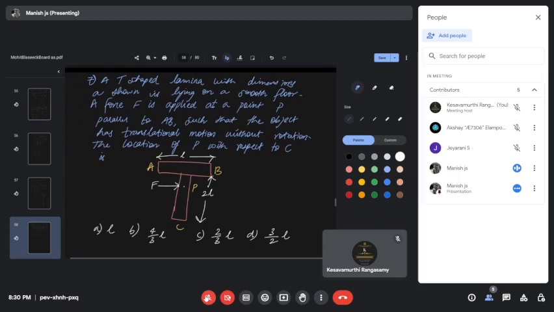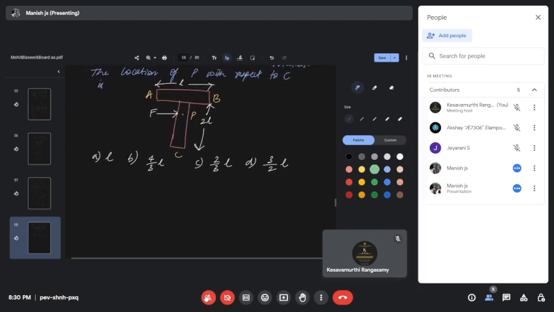So in this case, how can we approach? You just need to assume that, say, you're assuming some variable. Okay, so let us say x be the mass per unit length. Okay, mass per length. So that is x.